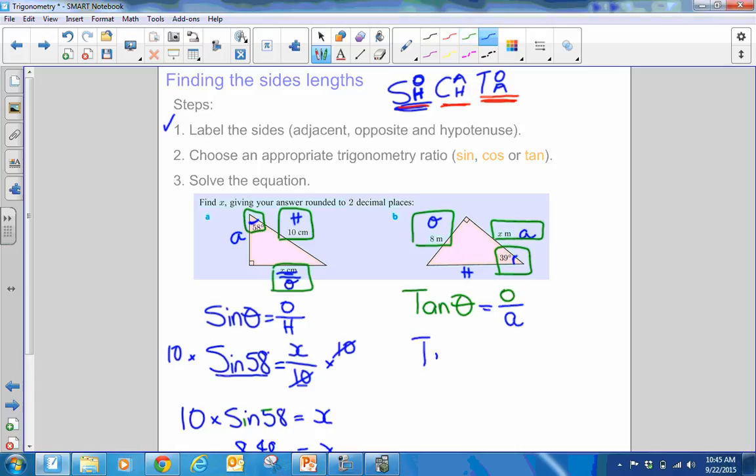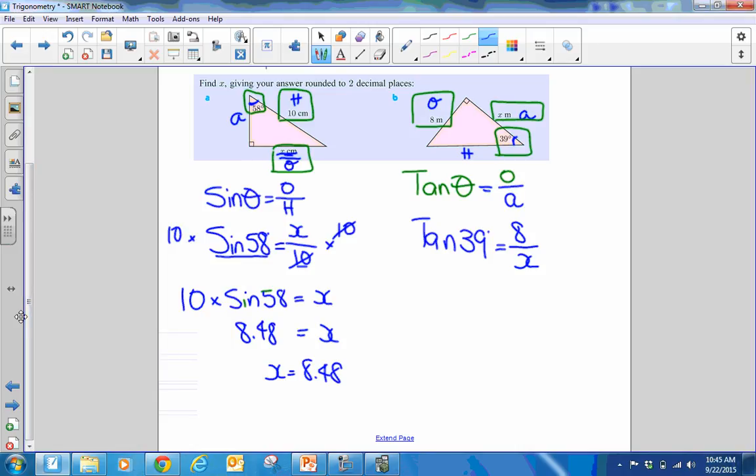And then we do tangent of 39, that's my angle, equals opposite, which is 8, divided by adjacent, which is x. Now you're going to solve this as an equation, and x is in the bottom, so that's dividing. So I need to multiply by x and multiply by x.